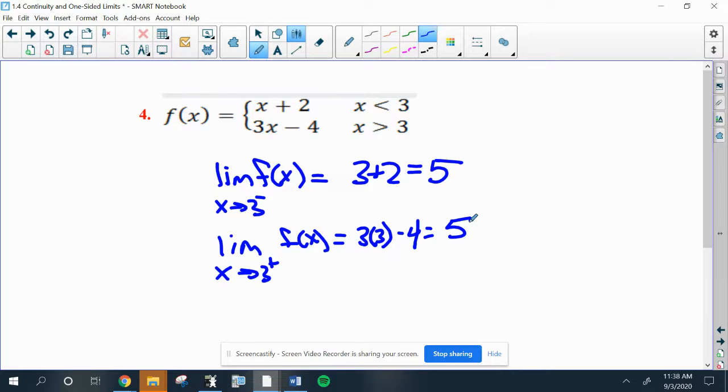Okay, so now let's make this an AP question. On the AP exam, they're going to want you to actually use the definition of limit, the definition of continuity to figure out if it's continuous, which includes all the limits. So even though this may look like it's continuous because they match, that's not all that has to happen.